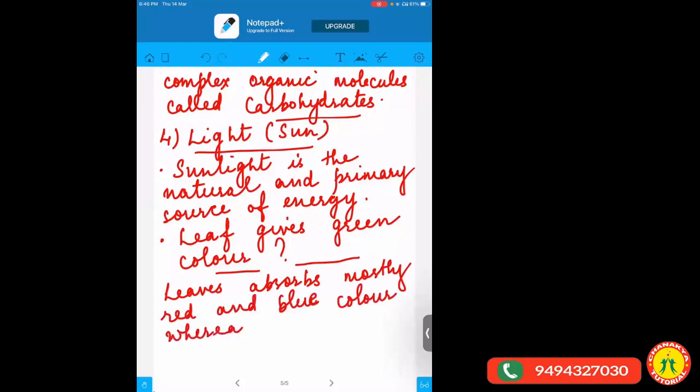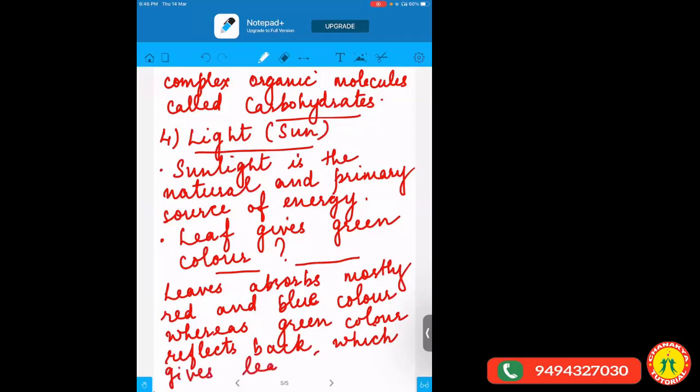Whereas green color reflects back, because of which the leaf gets a green color. So this is important. Red and blue color will be absorbed, whereas the green color will be reflected back, because of which it appears green to us.